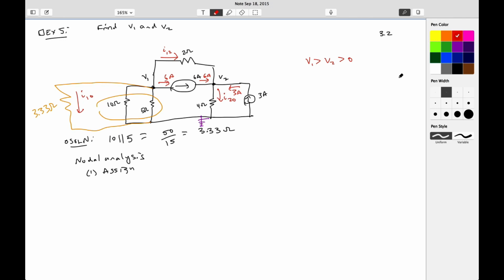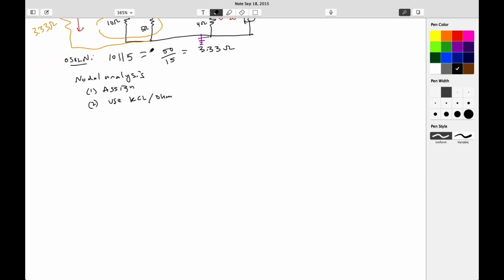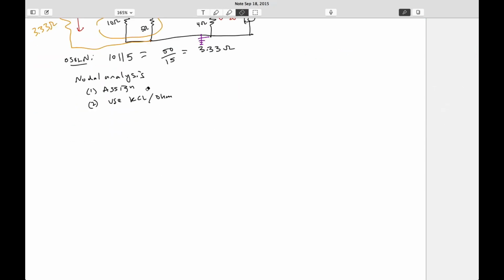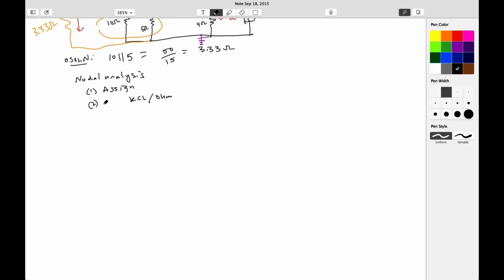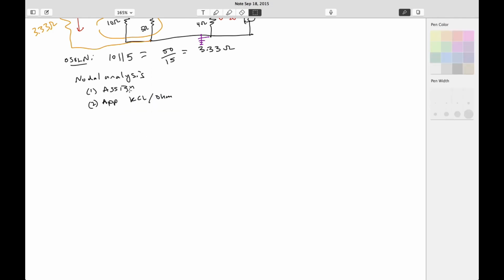All right, so next step, step 2, is use KCL plus Ohm's law. I guess the word that I typically use here is apply. So let's start at node 1.